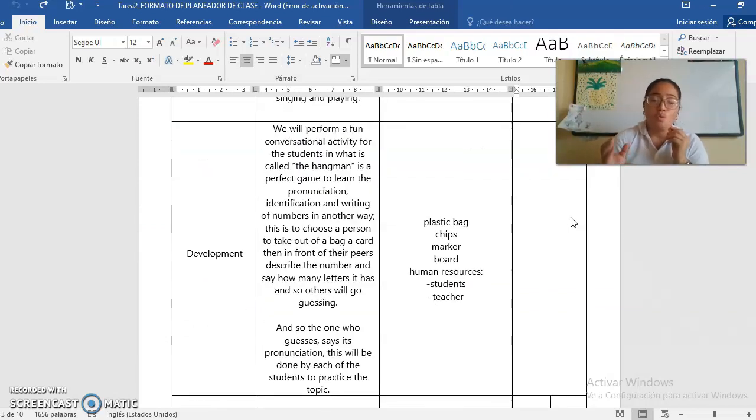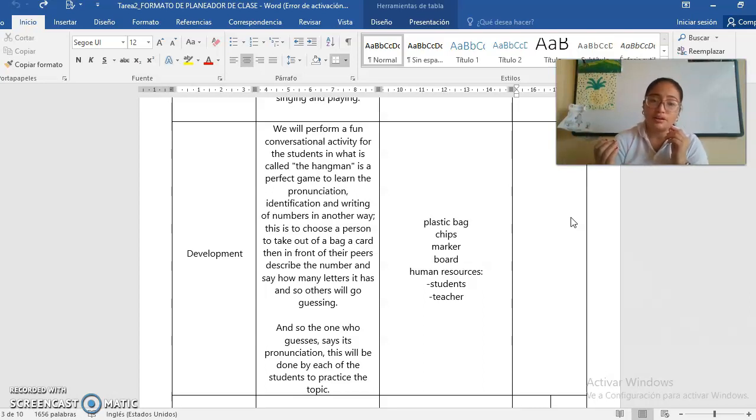Development. We will perform a fun conversational activity for the students called the hangman. It is a perfect game to learn pronunciation, identification, and writing. We choose a person to take a card out of a bag, then in front of their classmates, describe the number and say how many letters it has, and the others will go guessing.